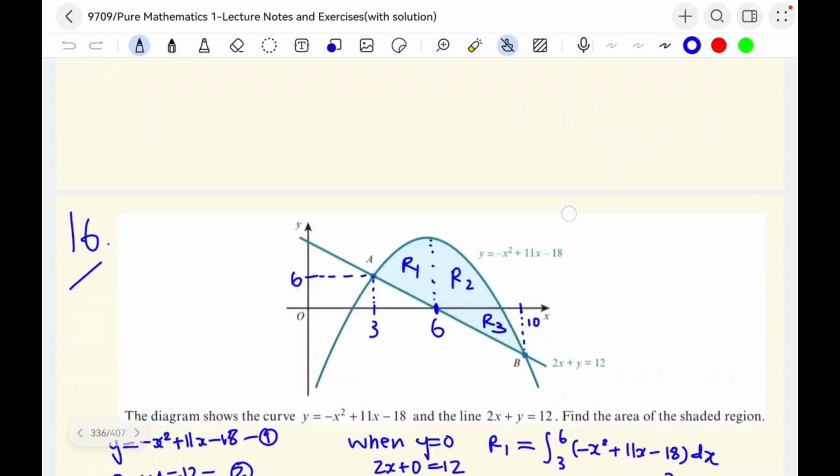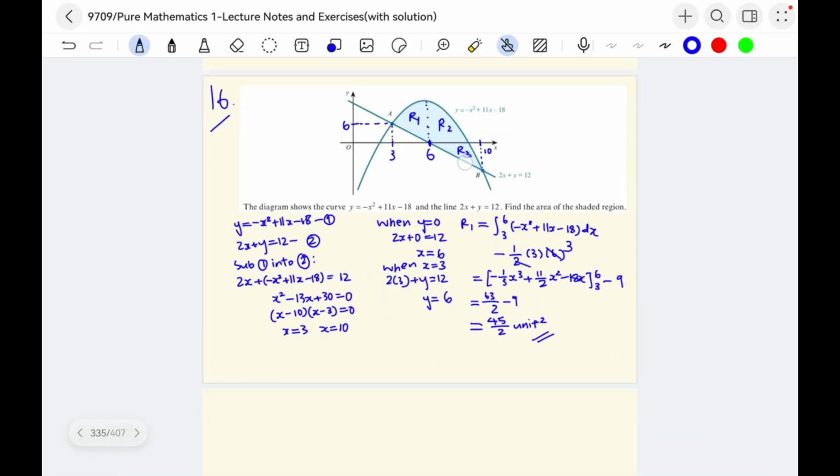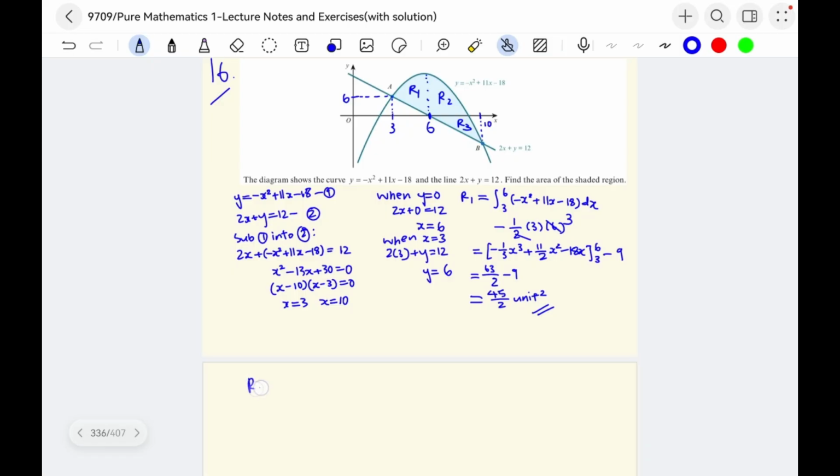Region 2 you may rest assured because you are getting the area for the positive region, which is bounded between x equals 6, the x-axis, and the quadratic curve. So region 2 equals the integral of the quadratic function from 6 to 10.